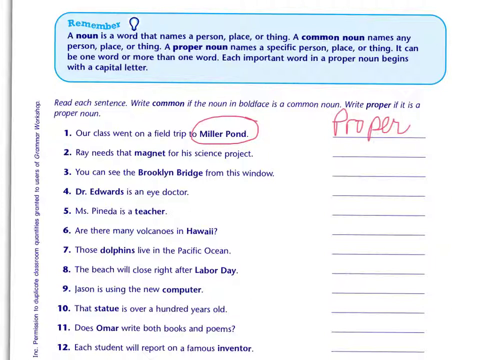Okay, let's look at number 2. Ray needs that magnet for his science project. Now, magnet, this time, is the noun, but it's not a specific name of a magnet. It's just a regular magnet, and it's not capitalized. So we know that that one would be a common noun. Okay, let's read the next one.